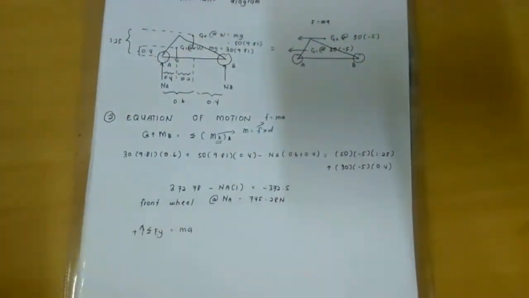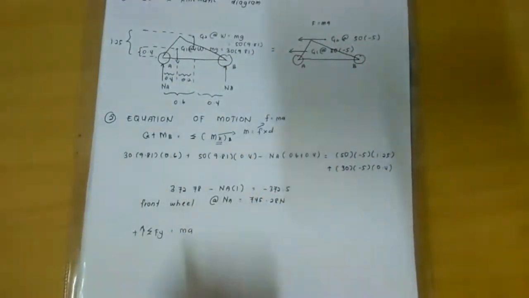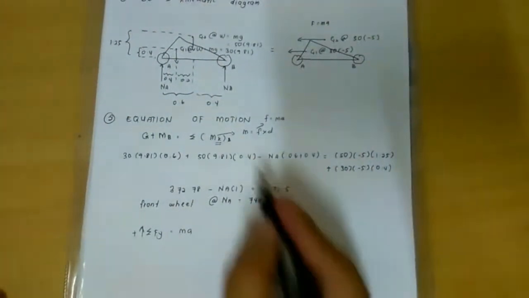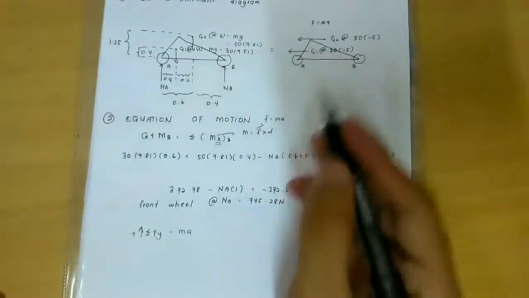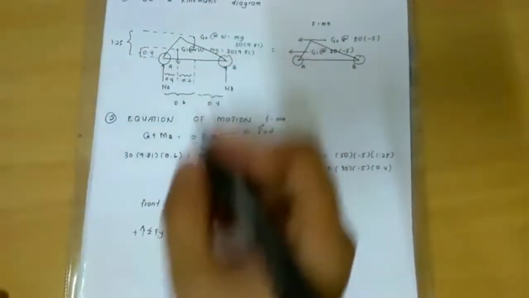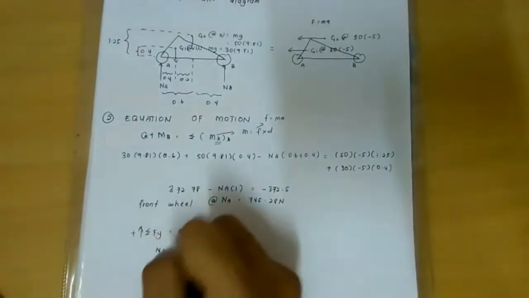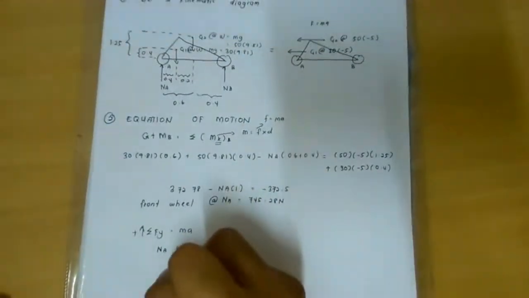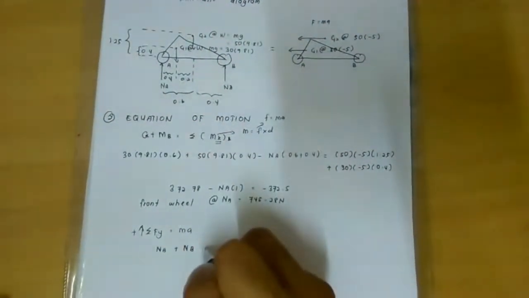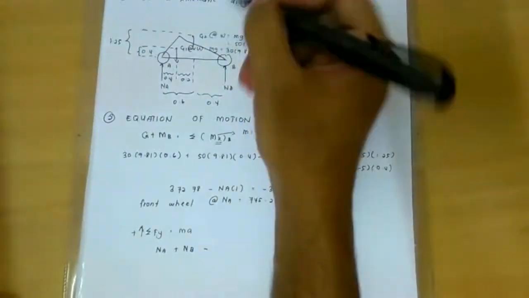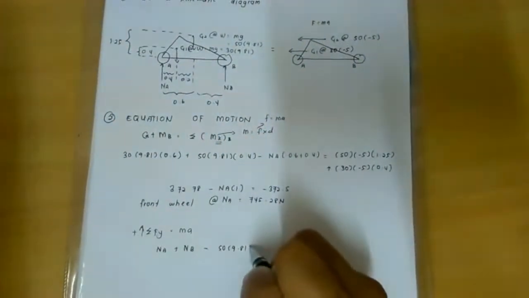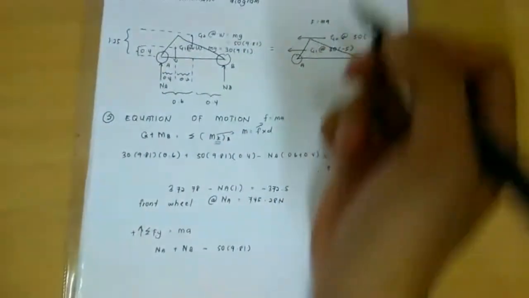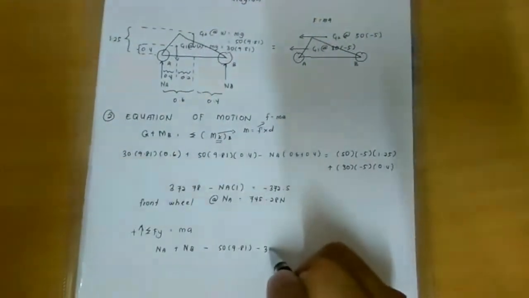Now we have to find the rear wheel, which is normal force at point B. Summation of force in the y component is equal to mass times acceleration. From the diagram, we have 4 forces in the y component, A and B, G1 and G2.